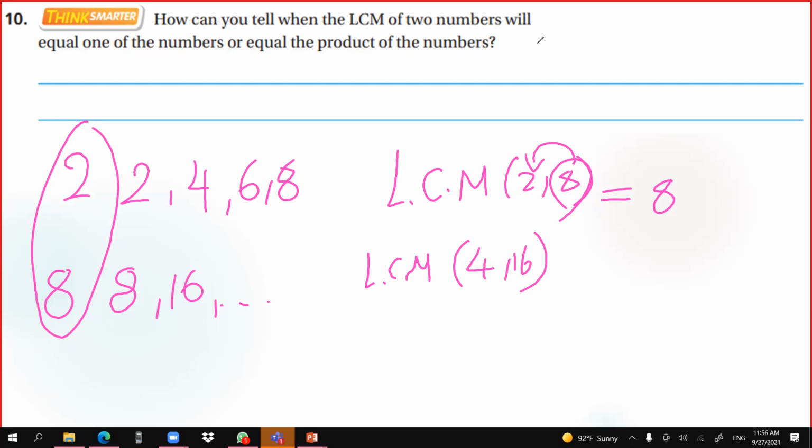Because 16 is a multiple of 4, that means the least common multiple will be 16. Now, some of you thought, teacher, okay, but I want to solve it by hand, not mentally. Yes, you can. But if you want to solve it mentally, you have to solve it this way.